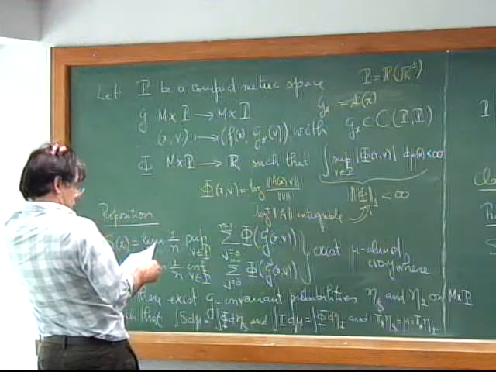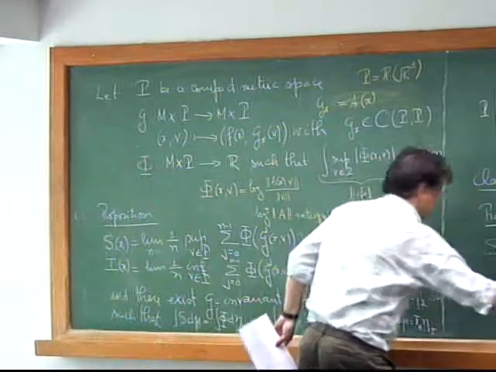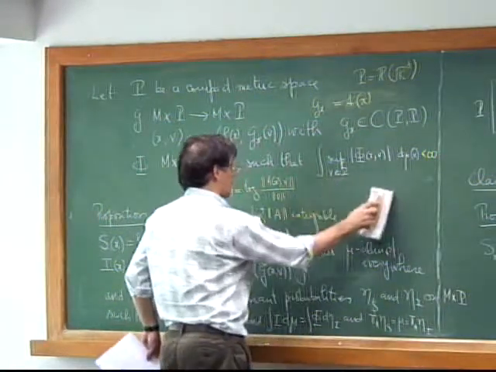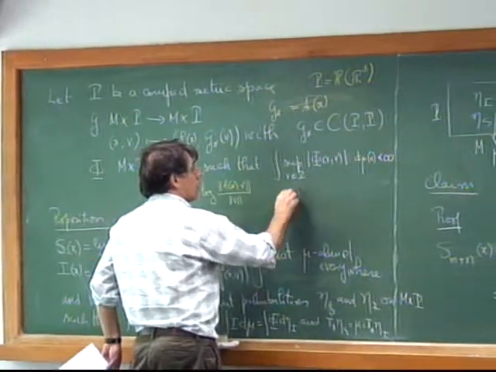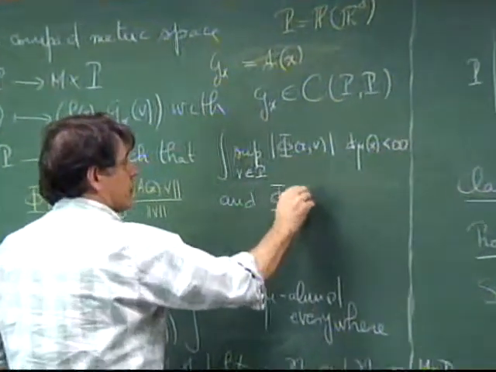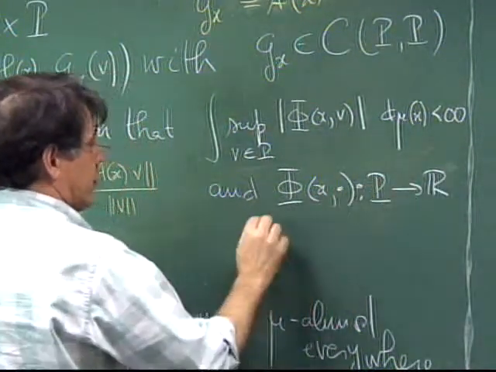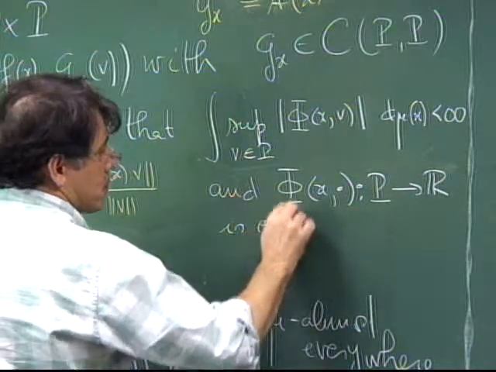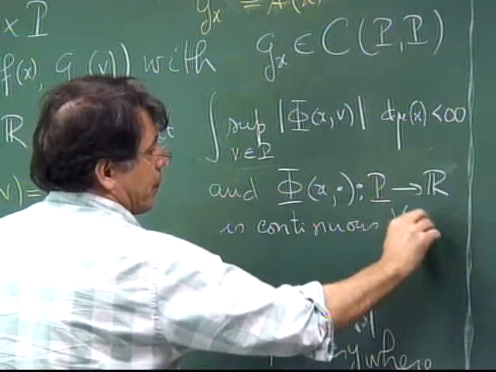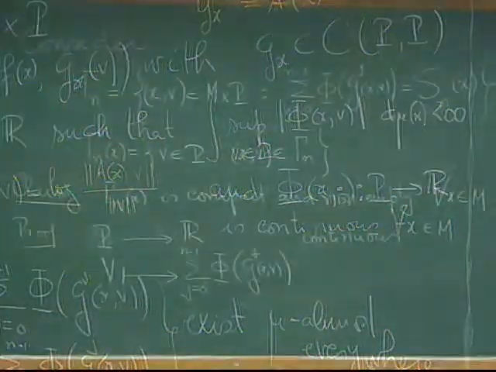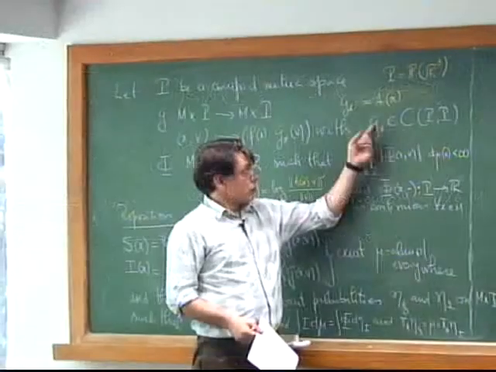Yeah, I didn't say it. I should have said it. Such that phi_x from P to R is continuous for every x in M. Okay, I'm not saying much about how phi depends on x or how g depends on x.